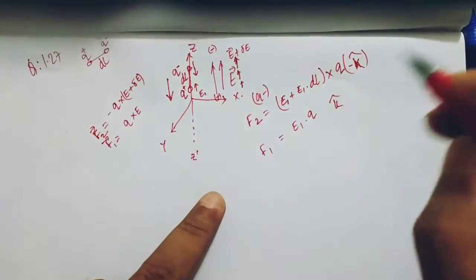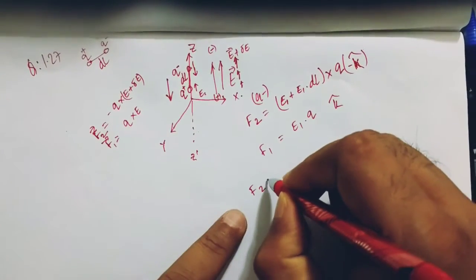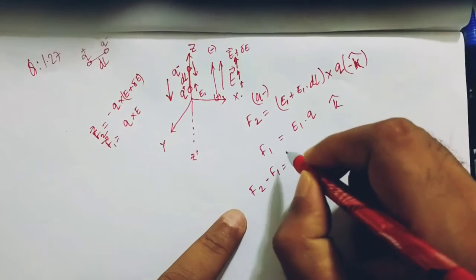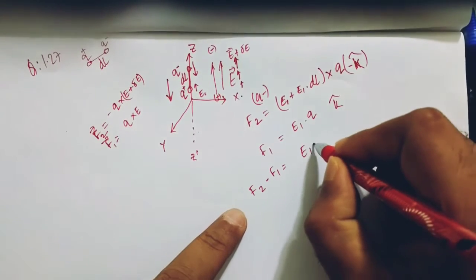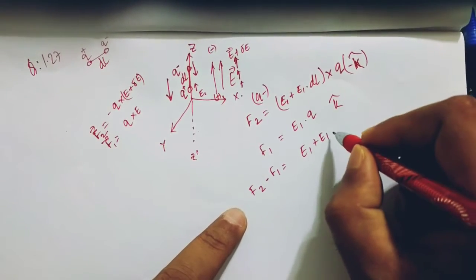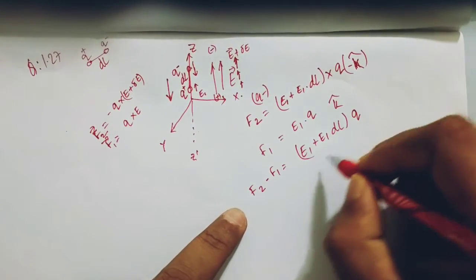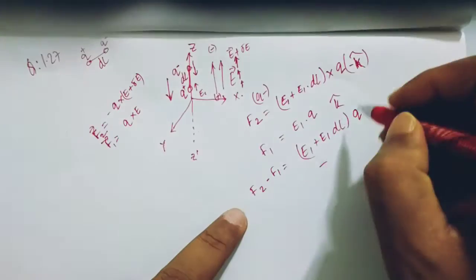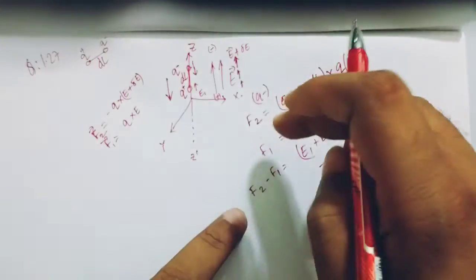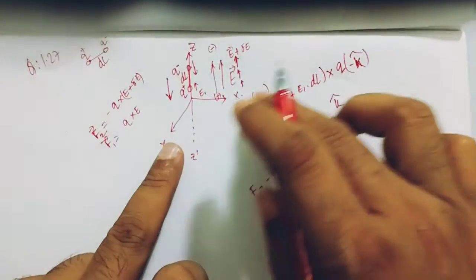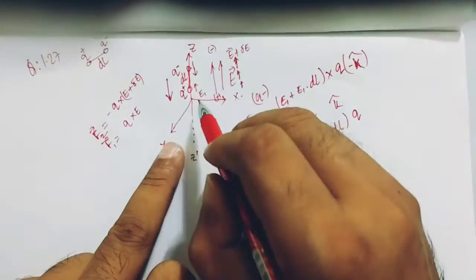So the net effective force F2 minus F1 will be how much? This one E1 dl, and this is Q, in this direction. If I take the net force in this direction, this will be the subtracting force, because this is neutralizing this force in this direction.